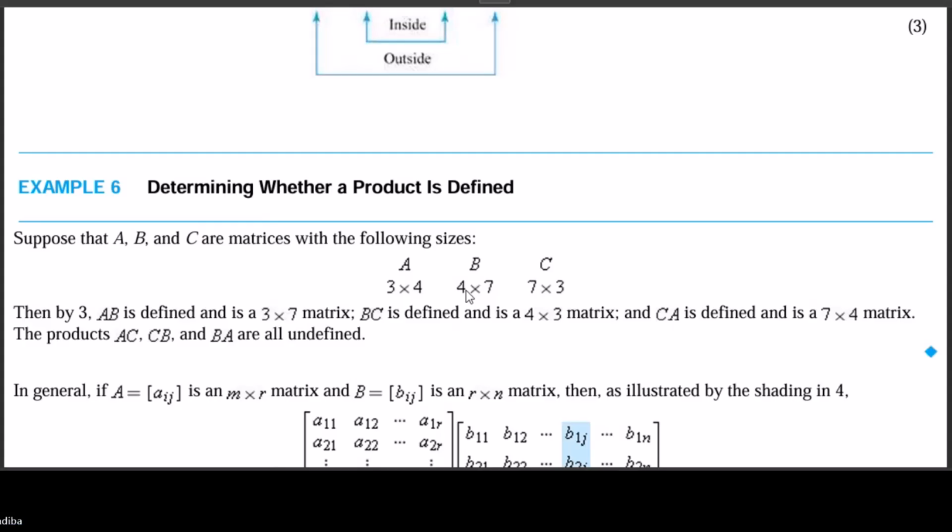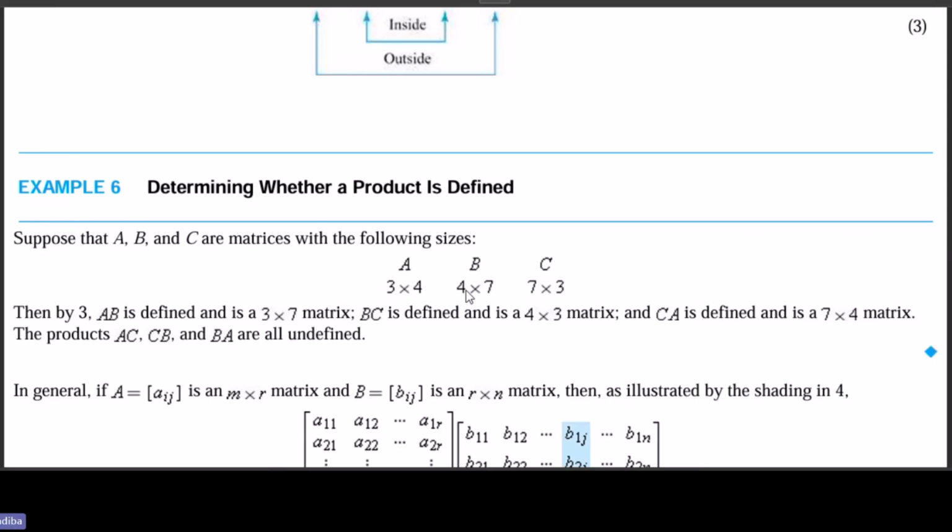Suppose that these matrices A, B, and C are matrices of the following sizes. A is a 3 by 4. B is a 4 by 7. C is a 7 by 3.